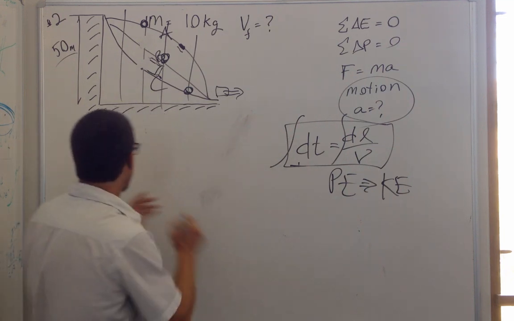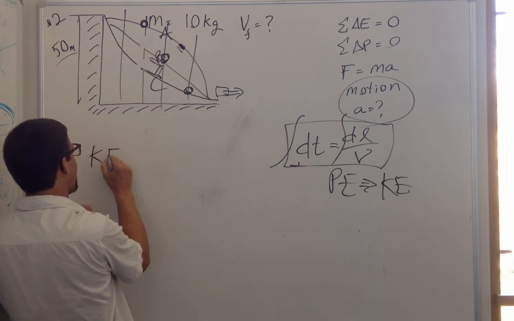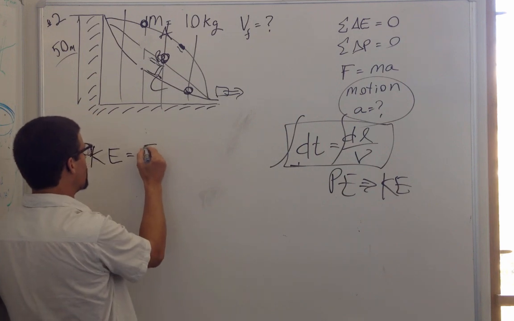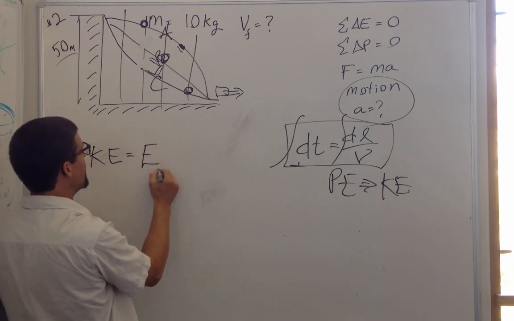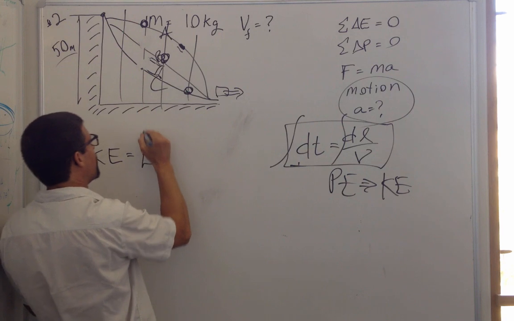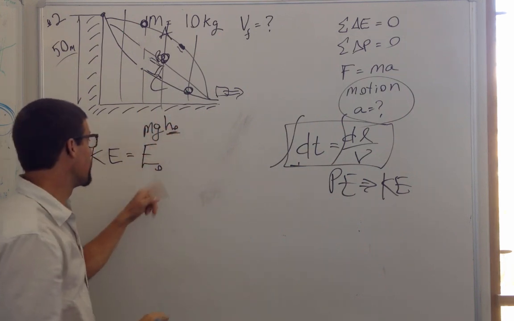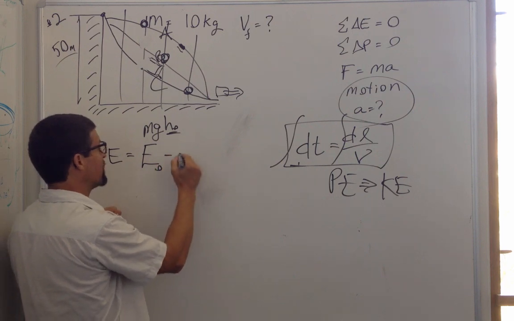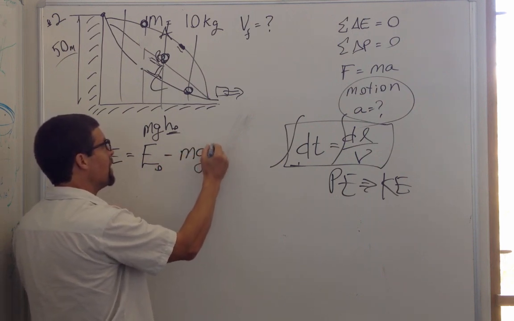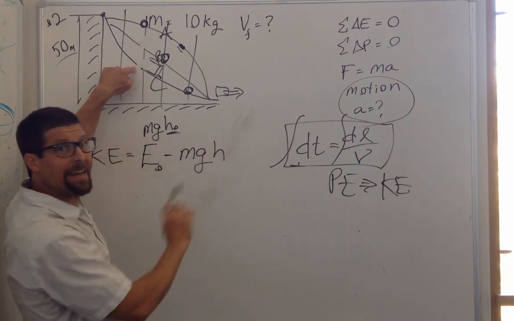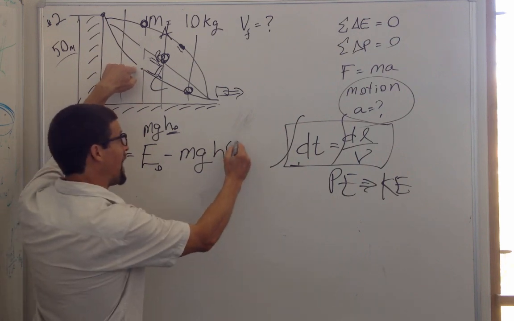What we know is the kinetic energy is equal to the total energy, E naught, which is just mg h naught, where h is the 50 meters, that total energy minus mg, the height that I'm at any given time, and this is a function of x.